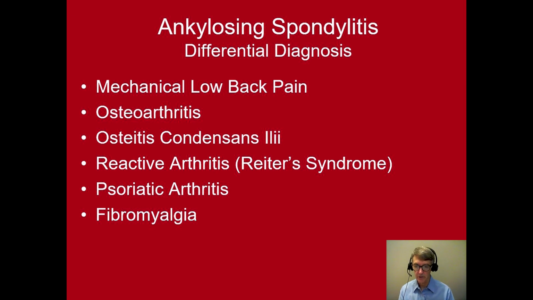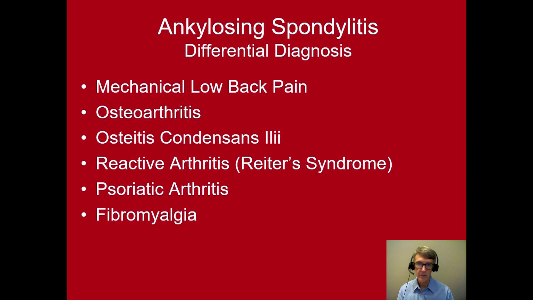So one needs to be aware of this when one's going to classify or make the diagnosis of ankylosing spondylitis. Reactive arthritis or Reiter syndrome, by the current ASAS definition, it's probably not important that we differentiate reactive arthritis from ankylosing spondylitis. Likewise, psoriatic arthritis, when we look at the ASAS classification, psoriatic arthritis can present with spondyloarthritis, inflammation of the spine, and psoriasis.